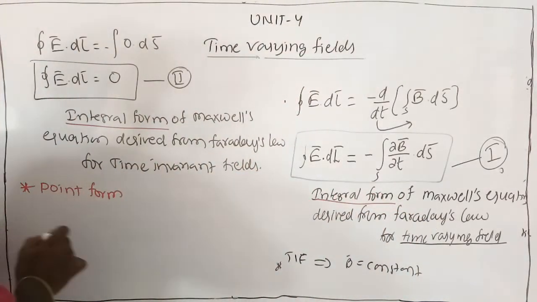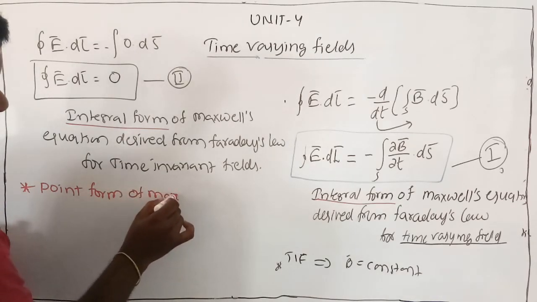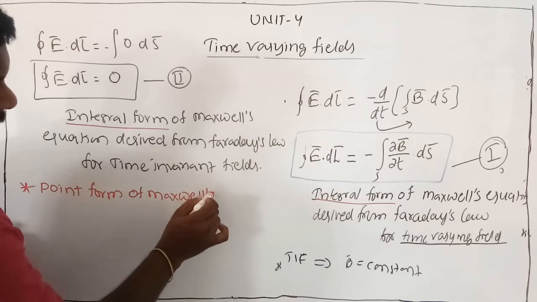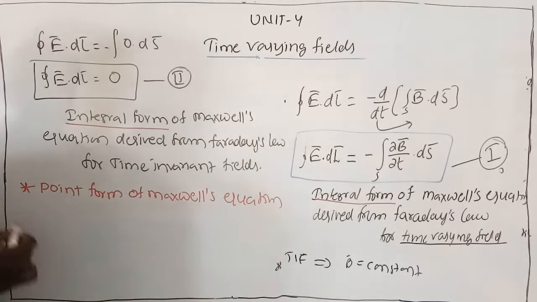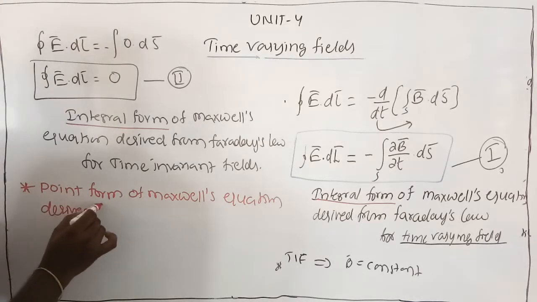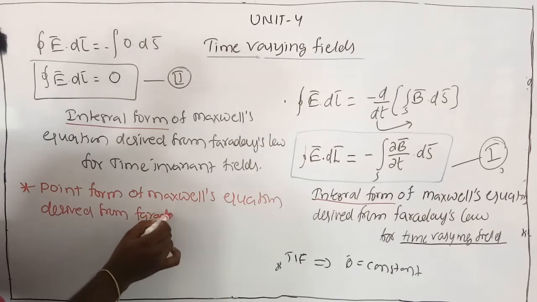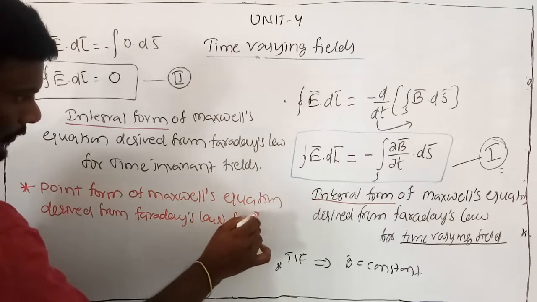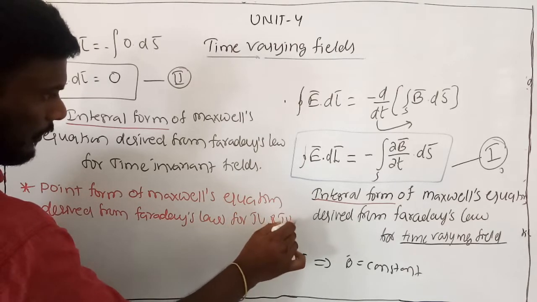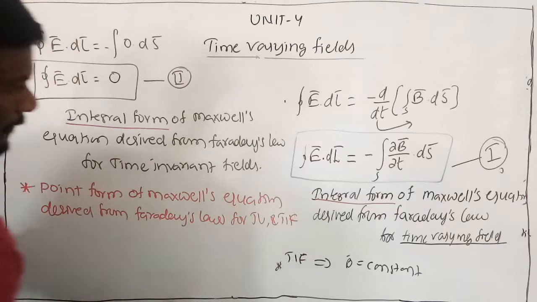Now we are deriving the point form of Maxwell's equation derived from Faraday's law for both time varying fields and time invariant fields.